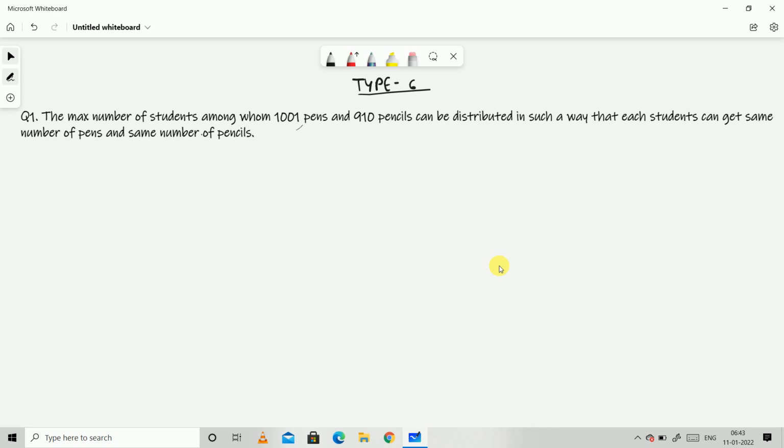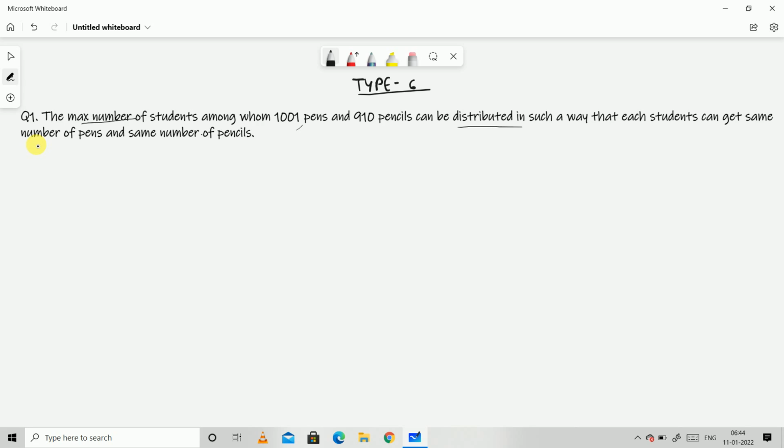The question says: find the max number of students among whom 1001 pens and 910 pencils can be distributed in such a way that each student gets the same number of pens and the same number of pencils. Now see here, there are two hints: it is talking about the max number, and it is talking about distribution.